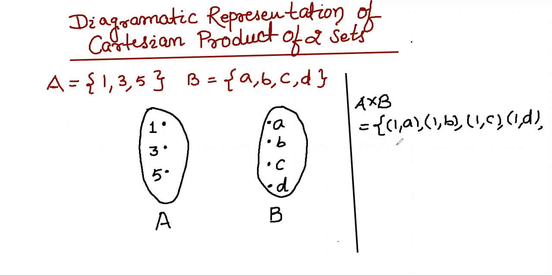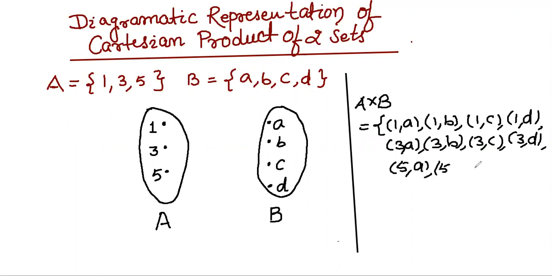The next is 3a, 3b, 3c and 3d. The next is 5a, then 5b, then 5c and 5d. So these are the elements of A cross B.